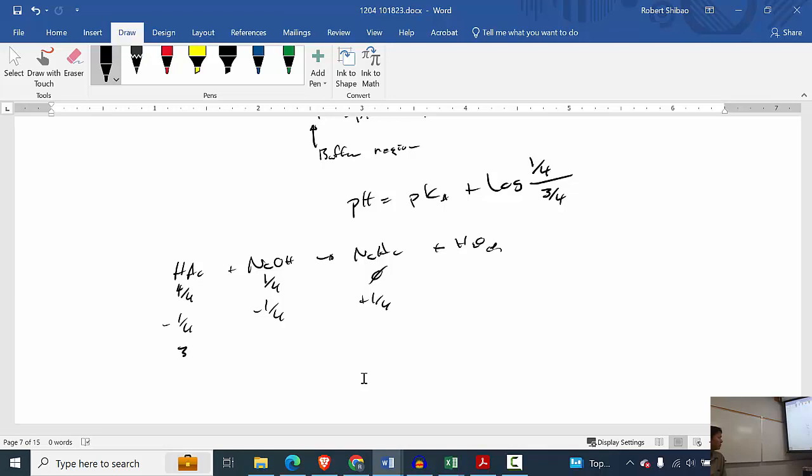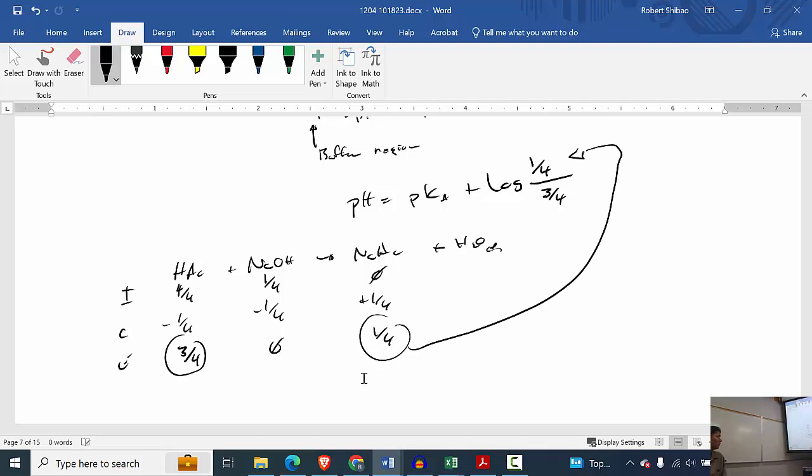So what we're going to end up with is 3/4 left over and 1/4 of product conjugate base at the end. And so this is where I got this. I throw this in up here, that's my base. I throw this in down here, that's my acid. And so this is going to equal the pKa plus the log of 1/3.